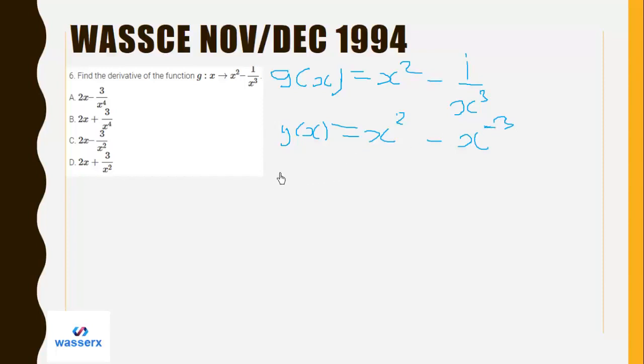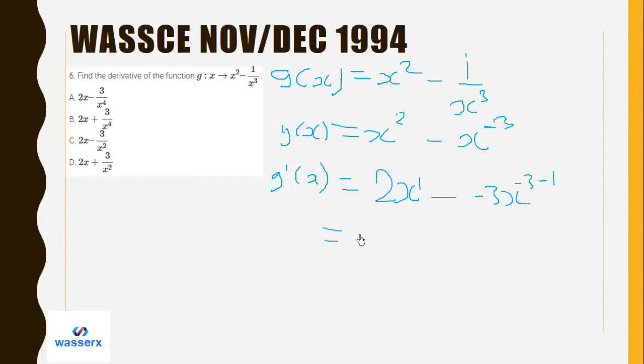So now the derivative of this function is given by g prime of x. So g prime of x will be equal to, if we differentiate x squared, we use 2 to multiply the whole thing and subtract 2 minus 1 will give us 1. So 2x to the power 1. Then minus, now we use this to multiply the whole thing, we get negative 3. Then x to the power negative 3 minus 1.